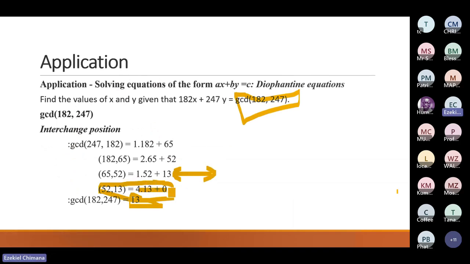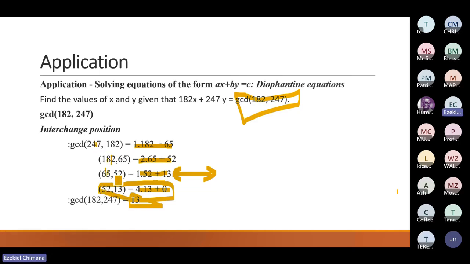Remember, all these numbers are written in terms of A, of which our A is this one.